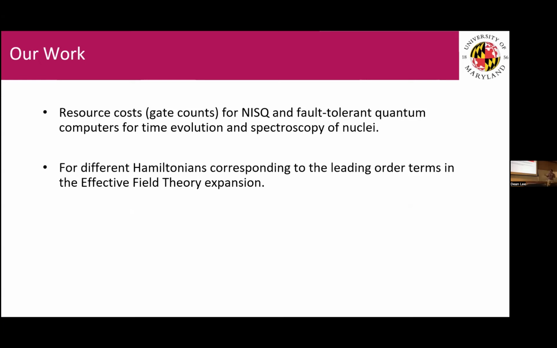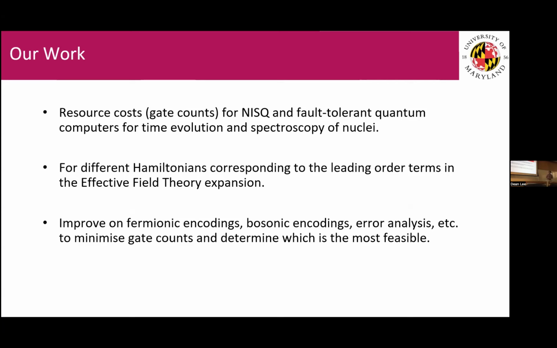And we didn't just consider a particular Hamiltonian or a particular formulation of these chiral effective field theories. We looked at various orders of the expansion and different formulations of each of these terms, and then tried to characterize what the resource costs for these tasks are for each of these Hamiltonians.